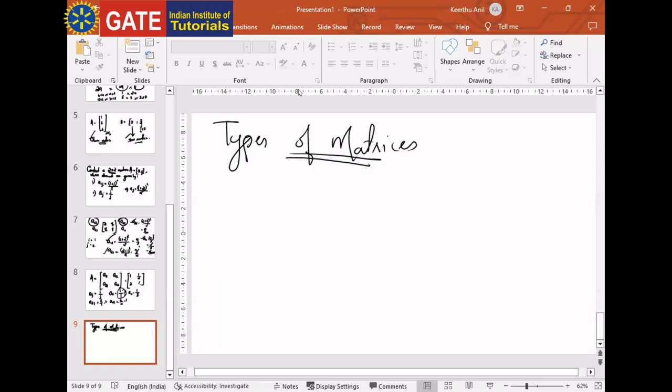Now, can I give you a homework? You can write the question. Construct a 3 by 4 matrix whose elements are given by Aij equals 2i minus j.